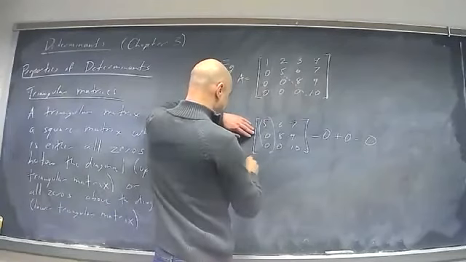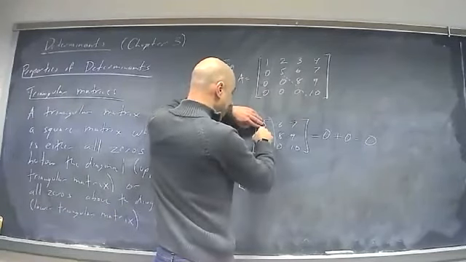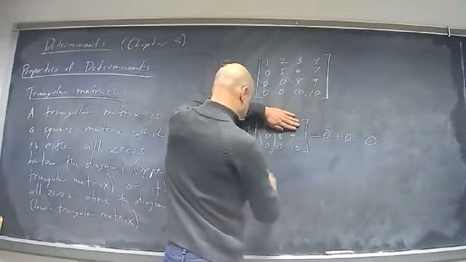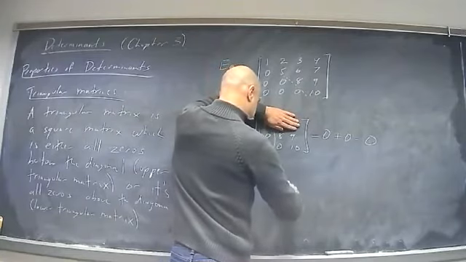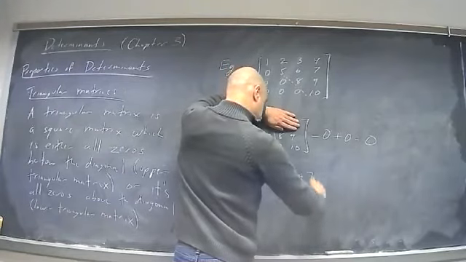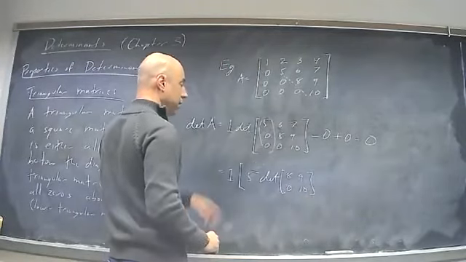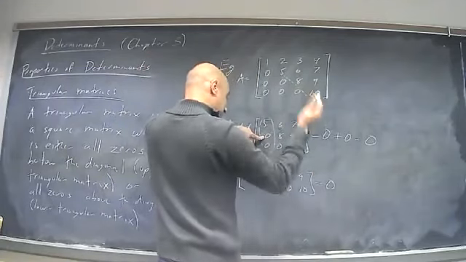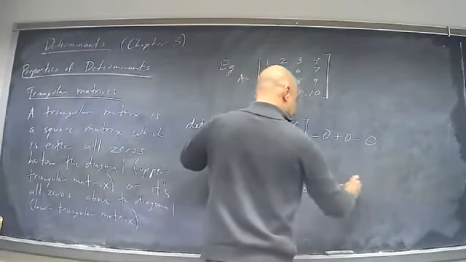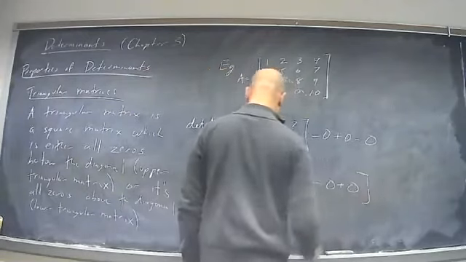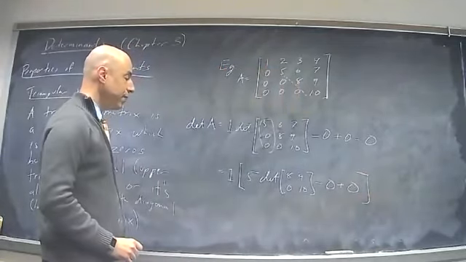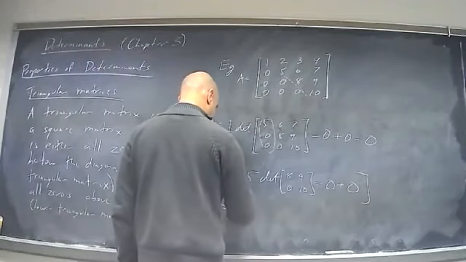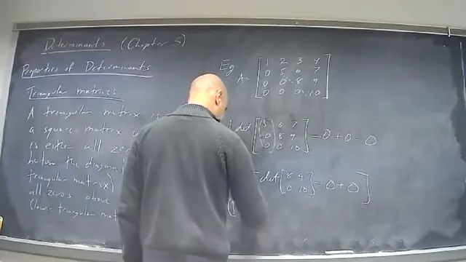So the determinant of this matrix is 5 times the determinant of its cofactor, minus 0 times the determinant of its cofactor, but I'm not even going to write that down, plus 0 times the determinant of its cofactor. I'm not going to write that down. So we have that 1 and that 5.